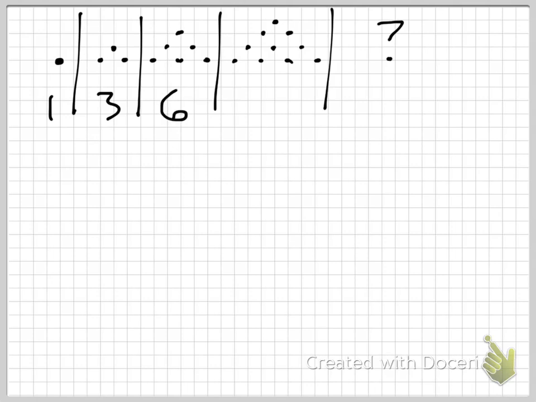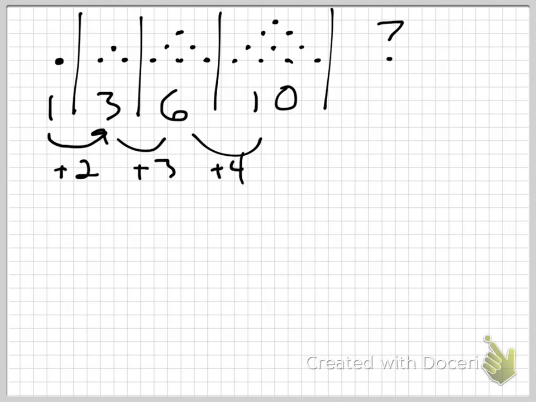But can you still see a pattern here? What is going on? This one here has 10. What is happening from here to here? Right, see this is plus 2, this one is plus 3, this one is... So how many dots are there? 15.